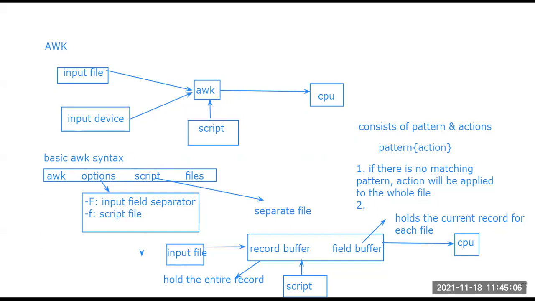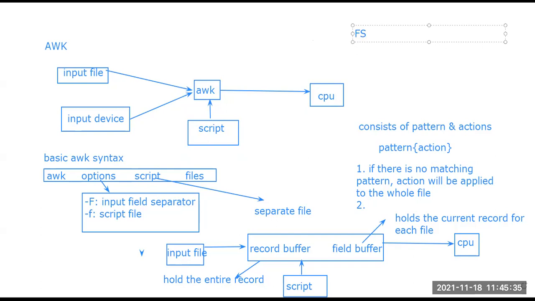Now, while talking about SED and AWK, the command has some system variables that help to run and manage everything. What are the names of the system variables? We need to know one by one. First one is called FS.